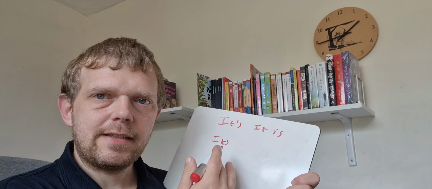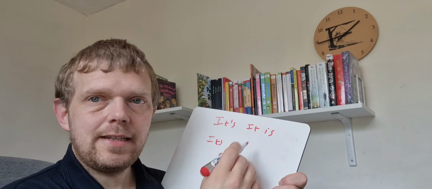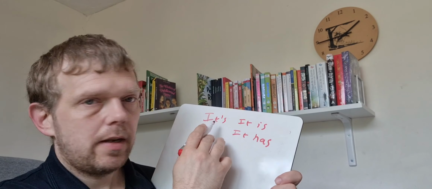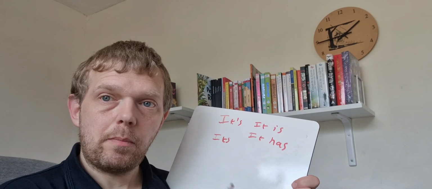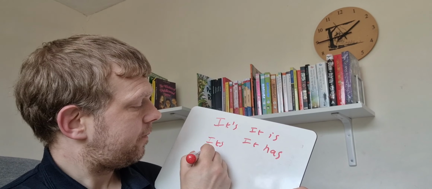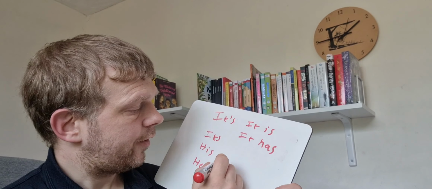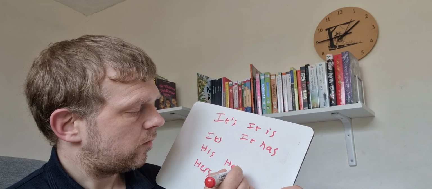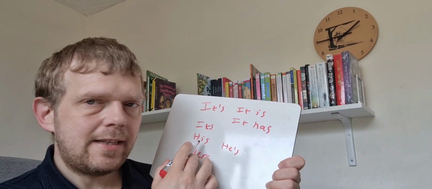It's is used when you're saying it is or it has. Its is a possessive pronoun, such as his and hers. He's is sometimes confused with his. He's is a contraction of he is, whereas his is a possessive pronoun.